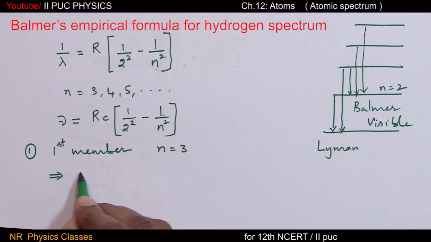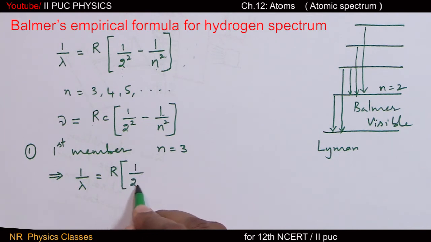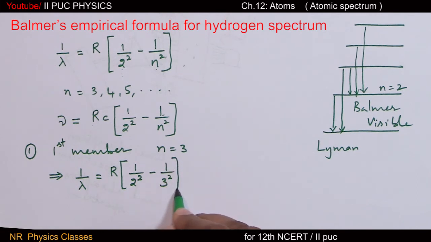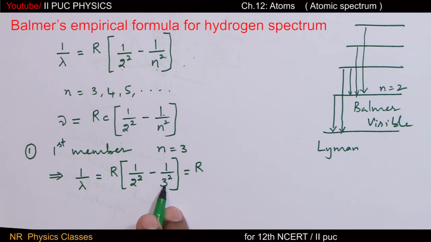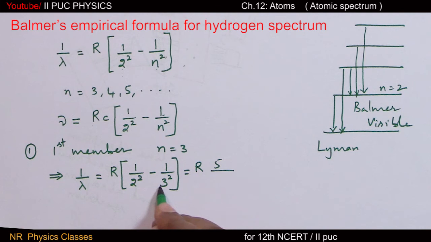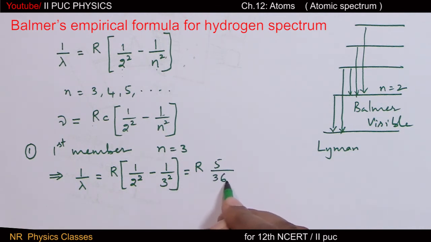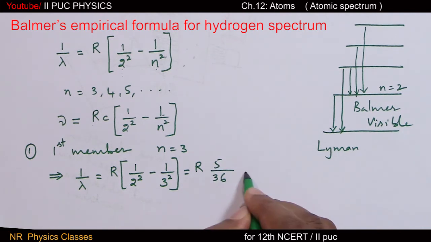Rearrange the above equation: 1 by lambda equal to R into 1 by 2 square minus 1 by 3 square, equal to R into 1 by 4 minus 1 by 9. 9 minus 4 is 5, 5 by 36. So it is 5 by 36 times R. SI unit is per meter.